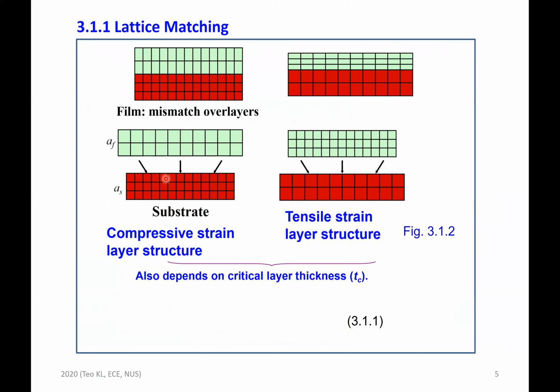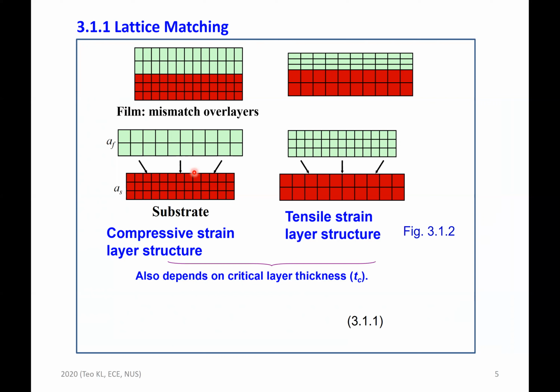So lattice matching is basically when the film is stretched or compressed such that its lattice constant matches that of the substrate, and the bonding between the atoms of the film and the substrate at the interface is continuous.